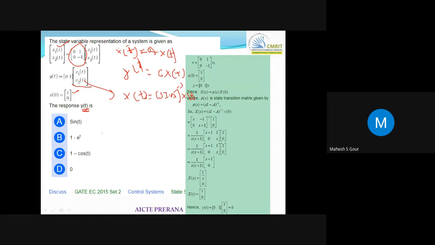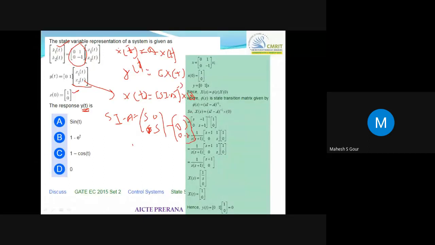So can you multiply and tell me what will be your sI minus A matrix? sI is s, 0, 0, s, minus A. A is 0, 1, 0, minus 1.